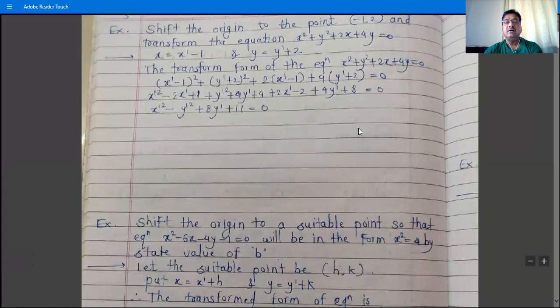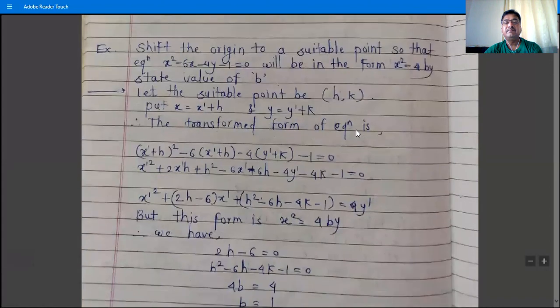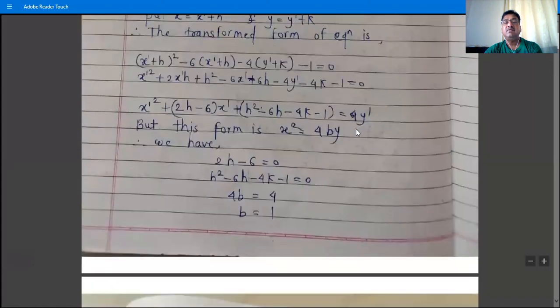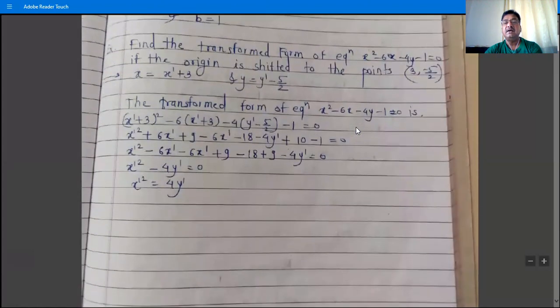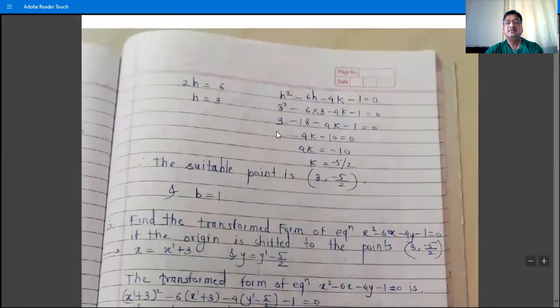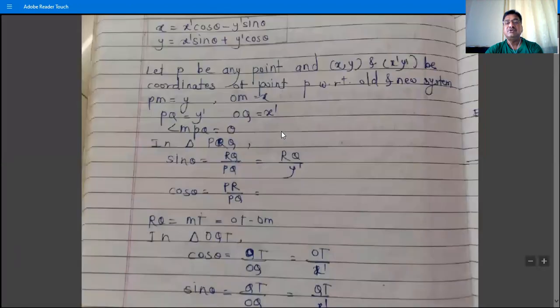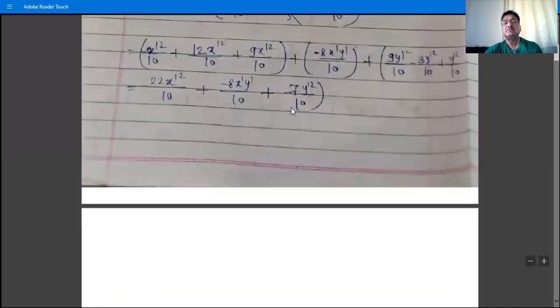If we shift the origin to the center of the conic, then the terms of x and y are removed from the expression.